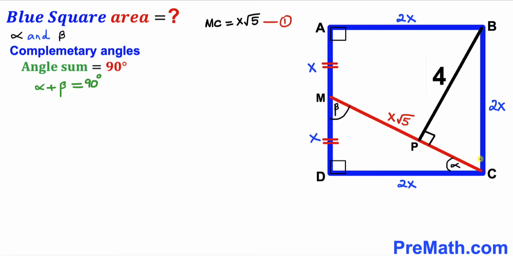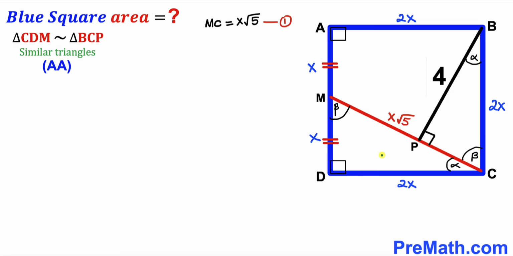And once again, we know this whole angle is 90 degrees. This angle is alpha, so this angle has got to be beta. And furthermore, in this triangle, this angle is 90 degrees. This angle is beta, so this angle has got to be alpha.